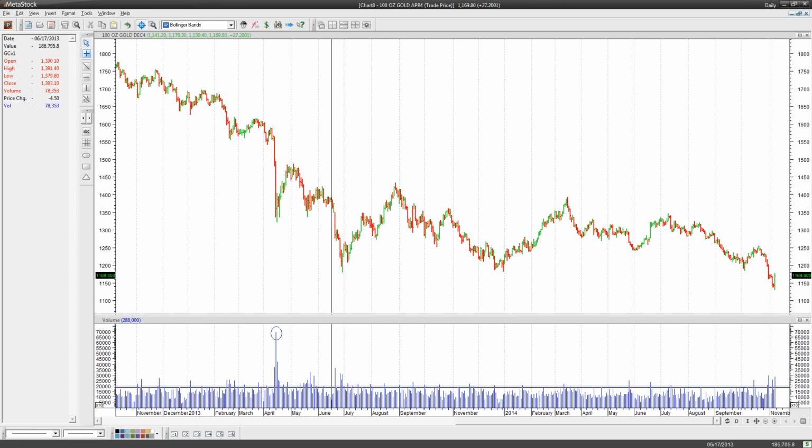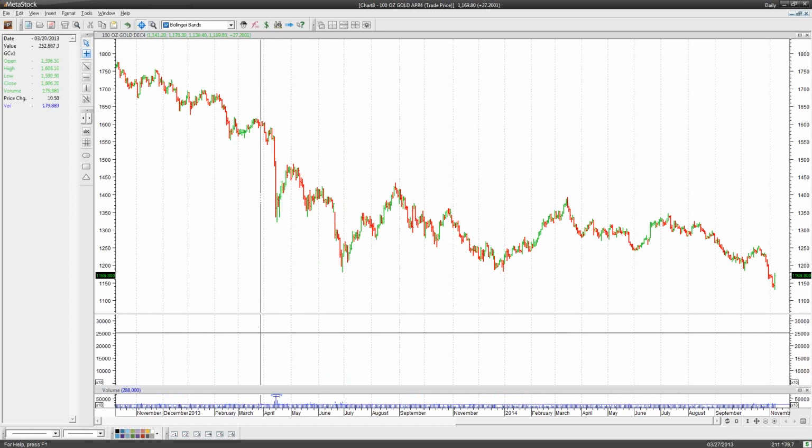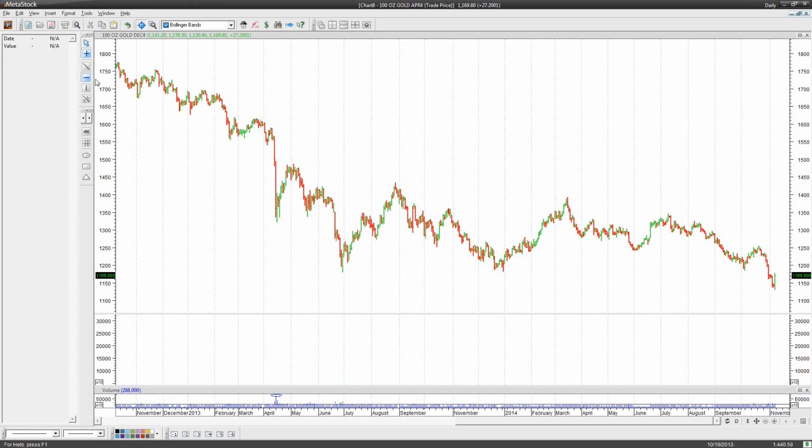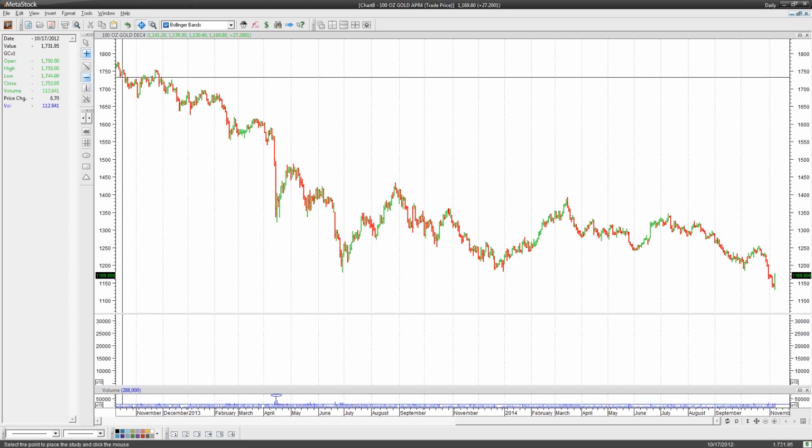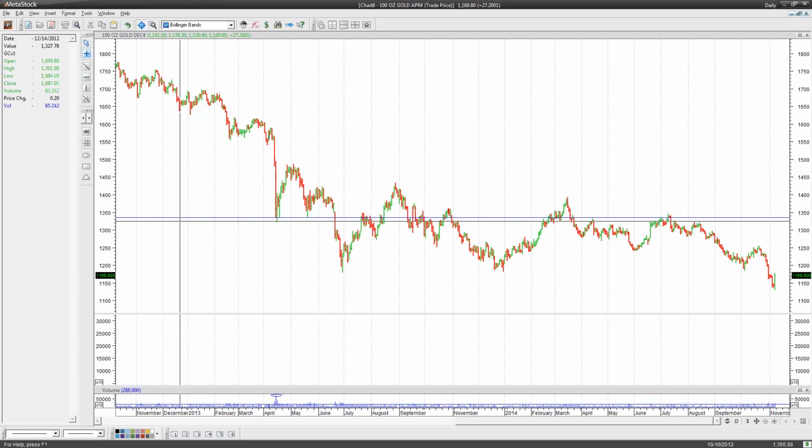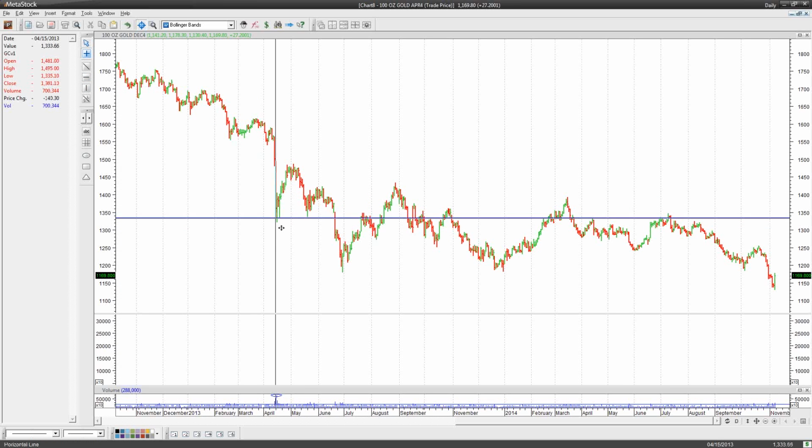You can back up and go, is 20,000 right? It should be a higher number, et cetera. But what I want you to see is, okay, we got a really high volume spike. And then I'm simply taking a horizontal line and plotting it right there. Now I have a magnet price.